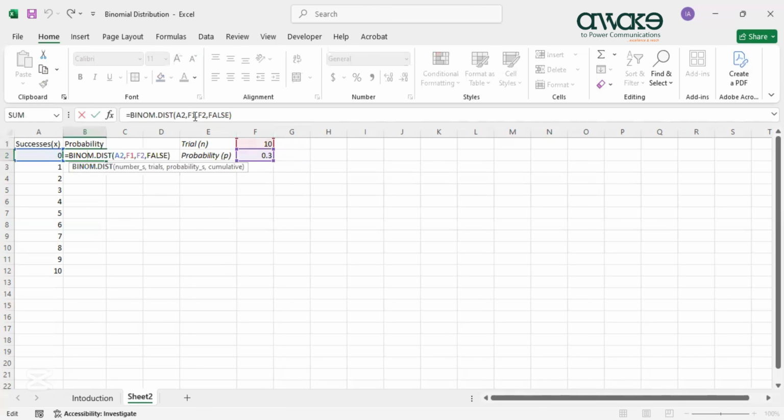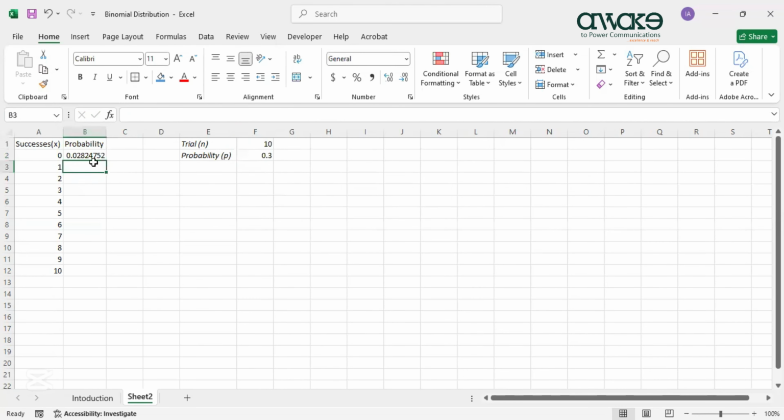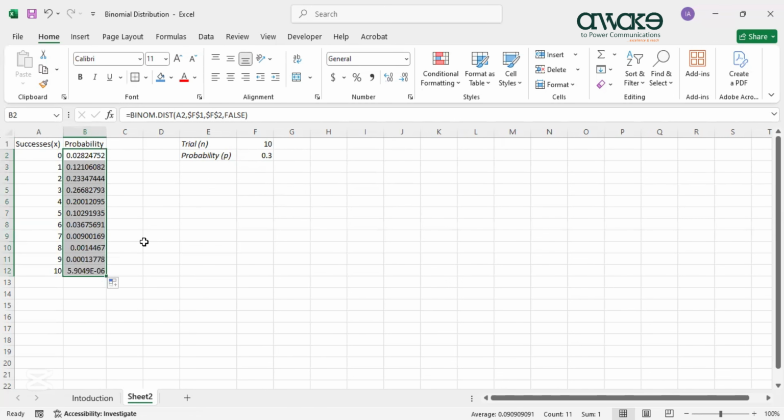So let's click there, F1, and then press F4 on our keyboard to insert the $ before the F column and the $ before the first row. Let's do the same for F2. So right now, we can easily autofill because we have successfully fixed these two cells.